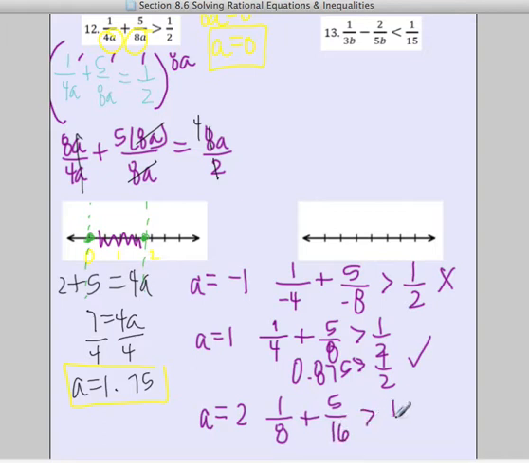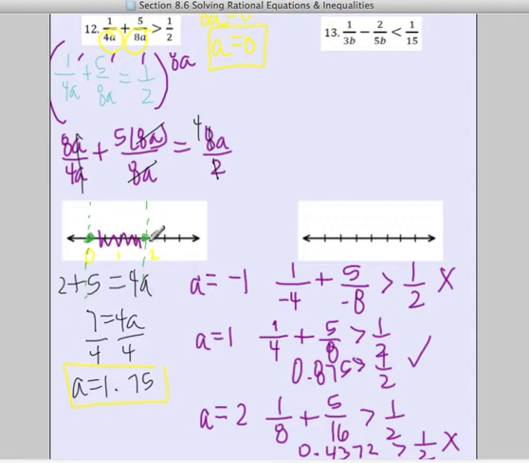Is that greater than 1/2? Well, 1/8 plus 5/16 is 0.4375. If you type it in on your calculator, is that greater than 1/2? No, so I do not shade to the right. So my answer is only where it is shaded.